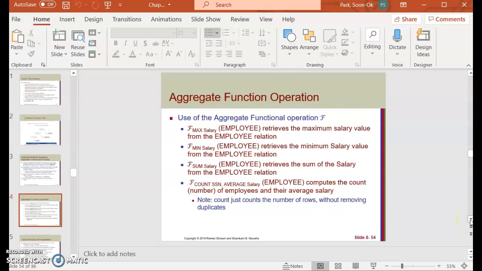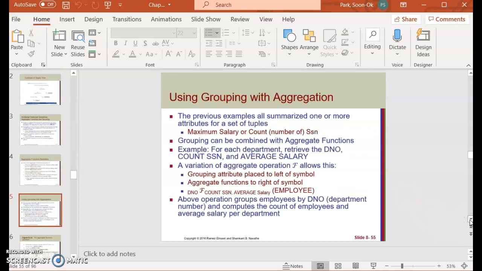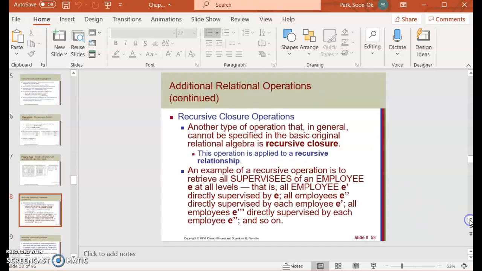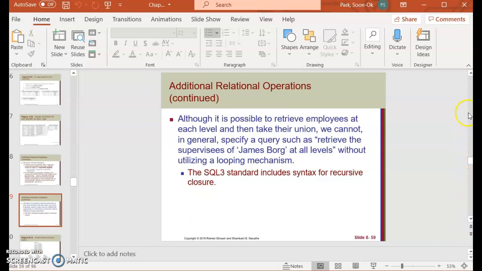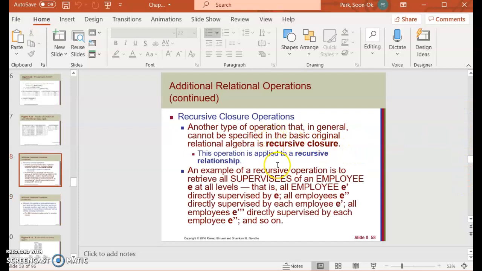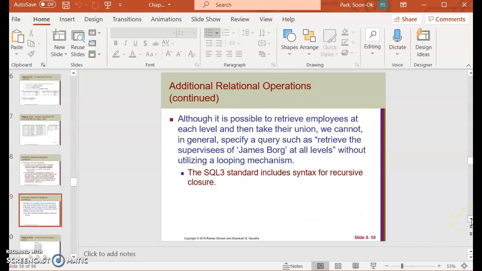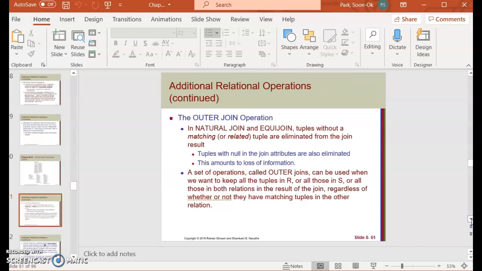Also, aggregate functions can be added to relational algebra, as well as a recursive closure operation, which applies supervisor and supervisee on the same employee relation. And as an extension of join, there is outer join.